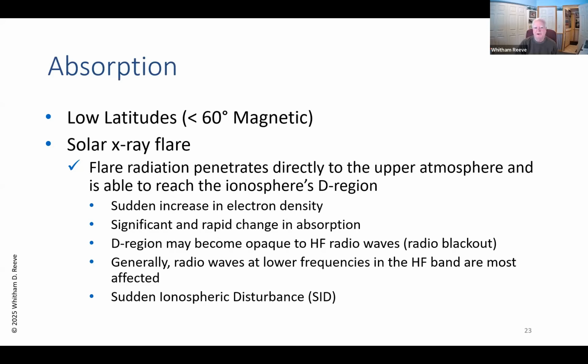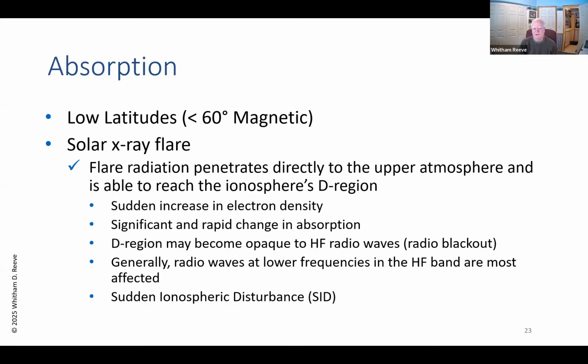So when this occurs, the D region becomes opaque to HF radio waves, and we call that a radio blackout. And generally, the radio waves at lower frequencies in the HF band are most affected.